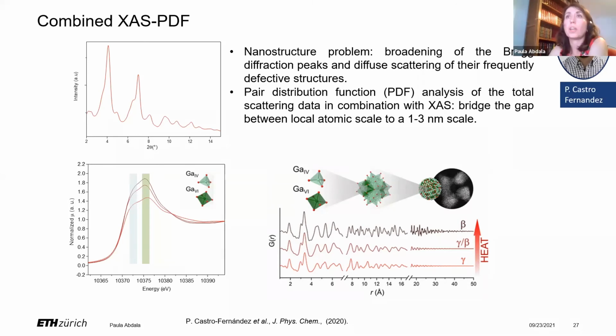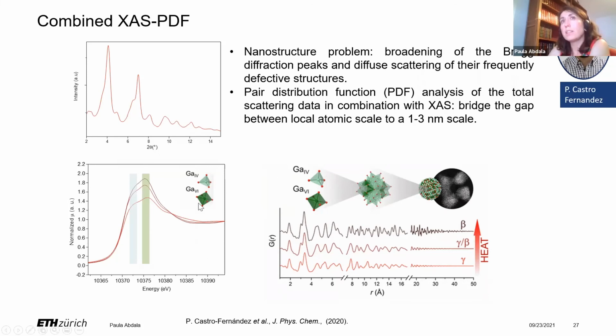This is ex situ data on how XAS and PDF can provide complementary techniques to understand the structure of small nanoparticles. These are gallium oxide nanoparticles that are very disordered by nature.